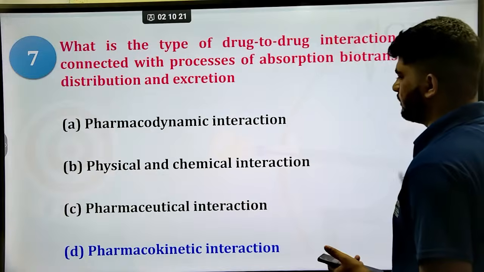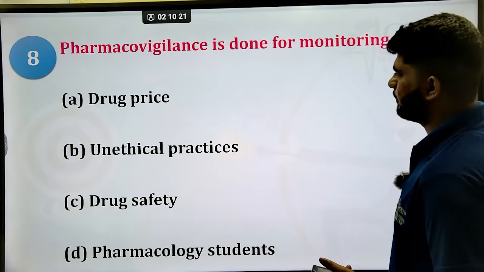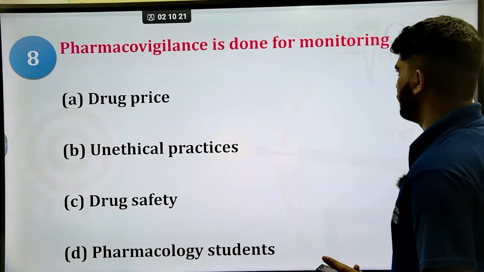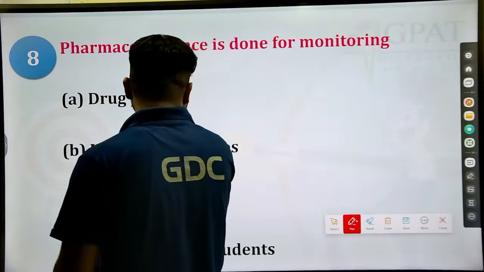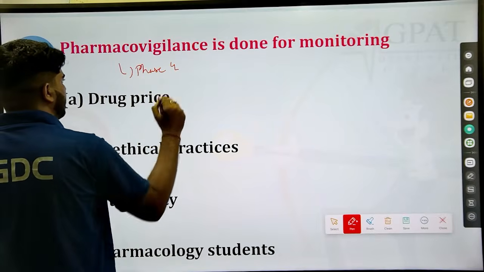Correct. Okay. Pharmacovigilance is done for monitoring what? Drug price, unethical practice, drug safety, or pharmacology students. Very nice. Pharmacovigilance is considered to be your phase 4 clinical trials, right?